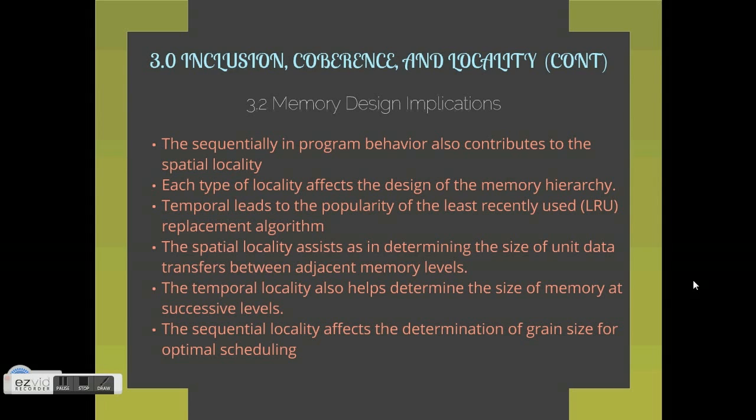The temporal locality also helps determine the size of memory at successive levels. The sequential locality affects the determination of grain size for optimal scheduling. Compiler techniques heavily affect the locality properties. The principle of locality will guide us in the design of cache, main memory, and even virtual memory organization.